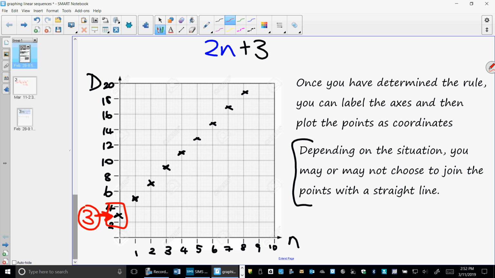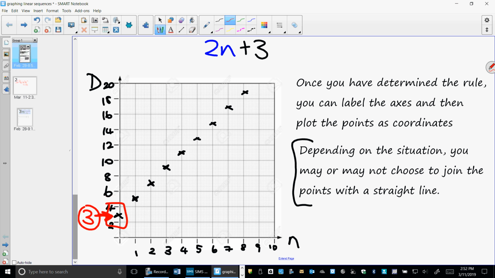If you place any straight line along your points, you'll see you don't have to join up the points, but you can see that it crosses at 3, yes? And you would be able to find any of these other points up here as well. They stop at 8 because the chart doesn't go any further. Anything more than that would be above.